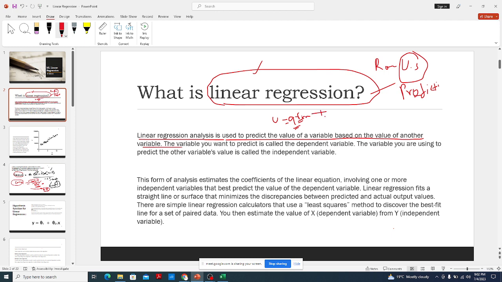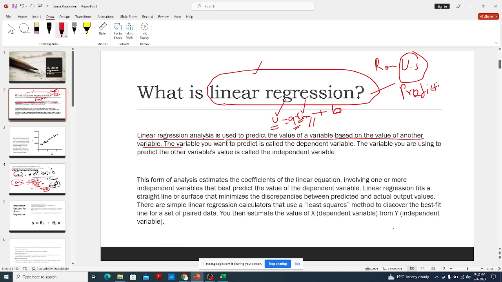Then plus another constant, call it maybe B, and this constant we usually call the y-intercept. So for linear regression, we are talking of two variables: the variable which we are predicting and the variable which we are using to predict. So this will be our output in the model, and this will be our input in the model.